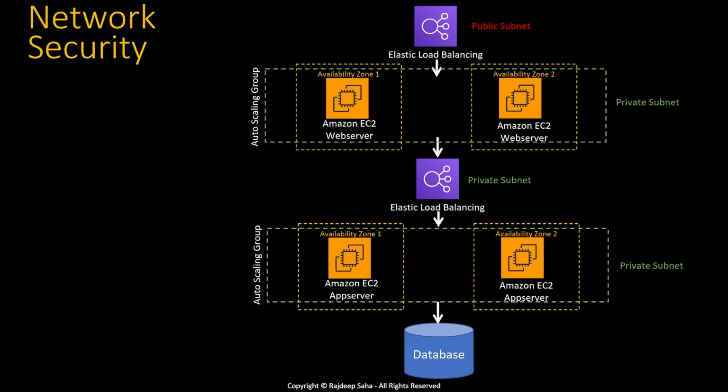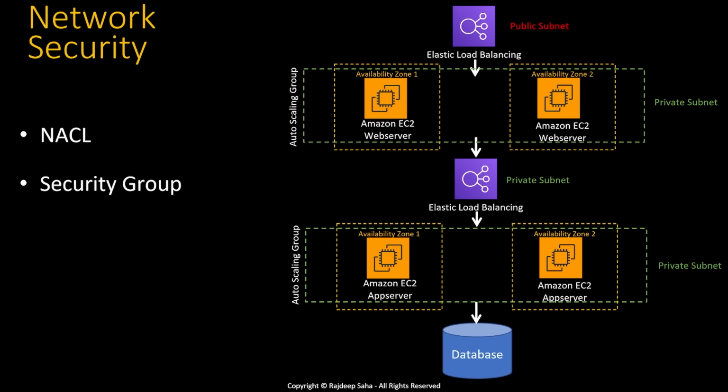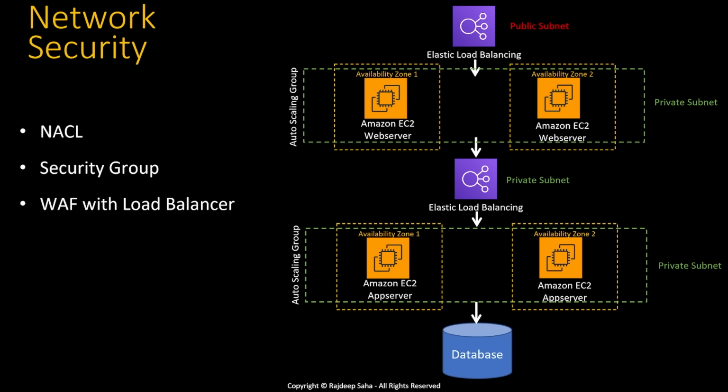You can also implement network security constructs for AWS, such as network access control list and security group on those EC2s to control traffic. You can also integrate AWS WAF, or Web Application Firewall, with the load balancer, which lets you monitor web requests and protect your web applications from malicious requests.